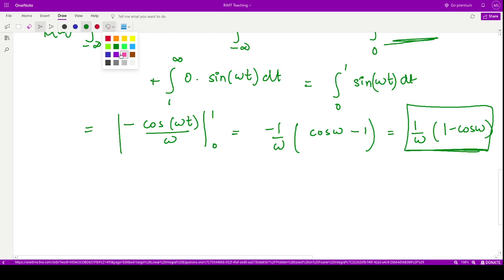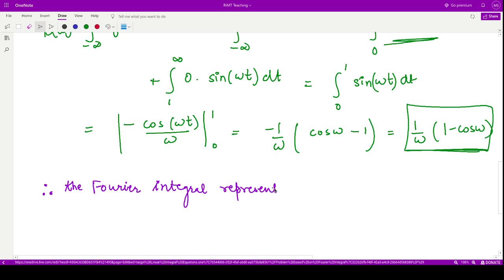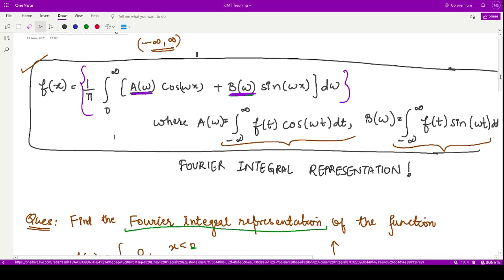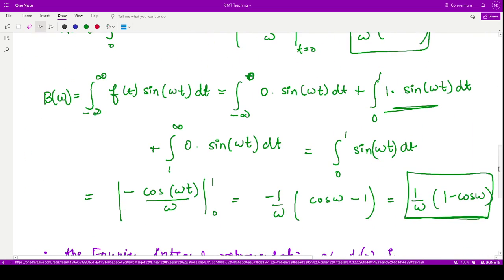Therefore, the Fourier integral representation of the function f(x) is given by the whole expression. We have calculated A(omega) and B(omega), so we can substitute the values here, and the other terms are as such.